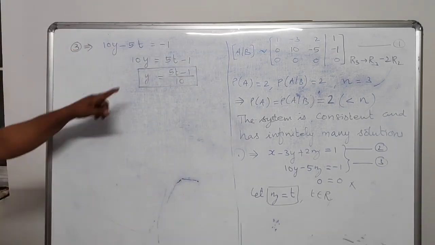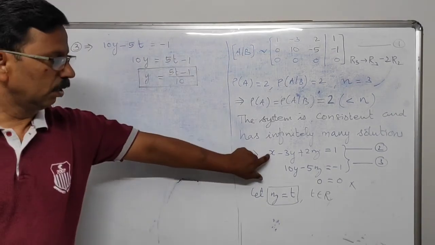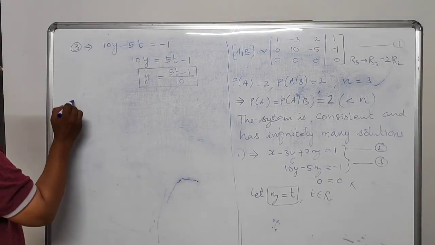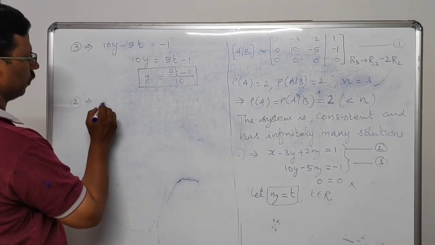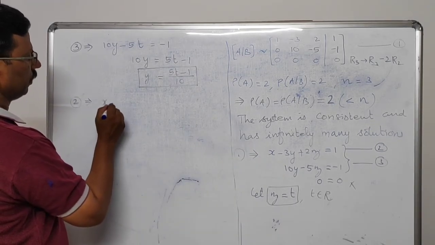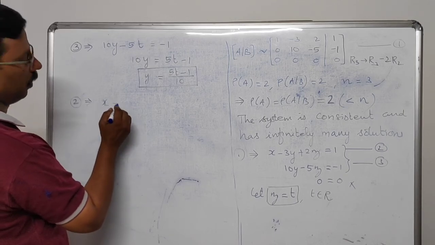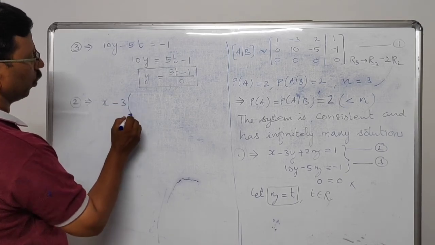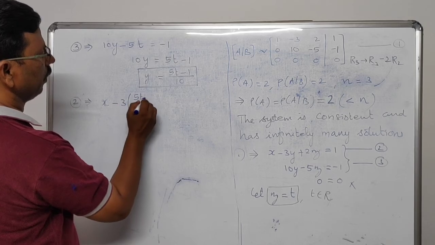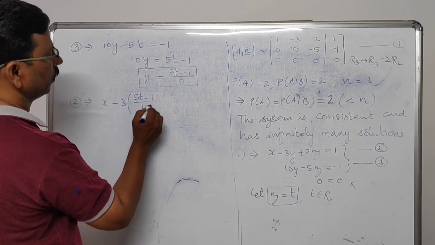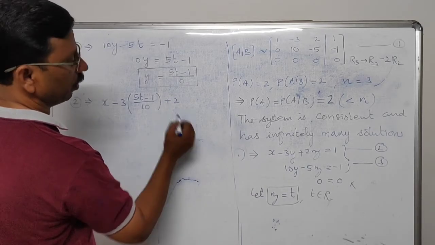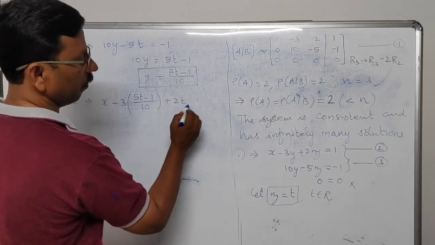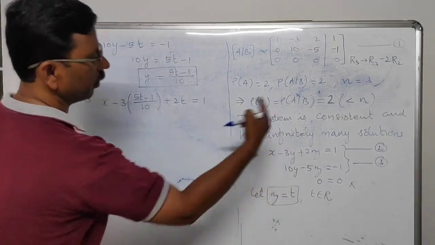Then after finding this y value, it is better to find the x value from equation number 2. Therefore, equation number 2 implies x minus 3 times y, 3 into the y value, which is (5t minus 1) by 10, then plus 2z, plus 2 into t, which is equal to 1 from this second equation.